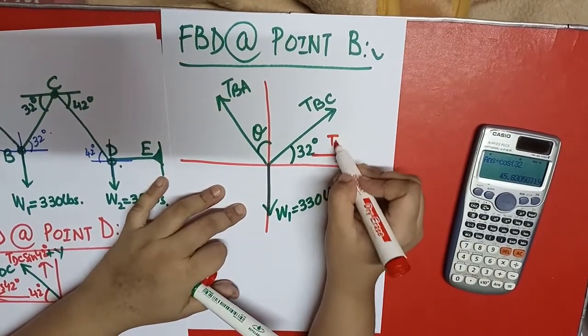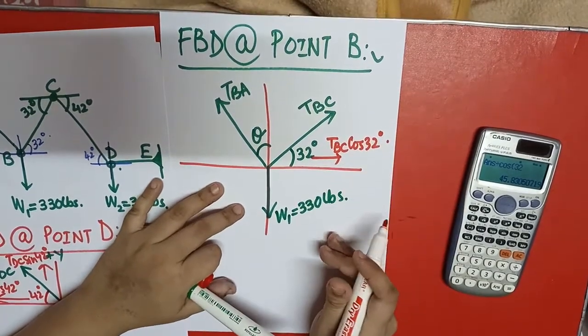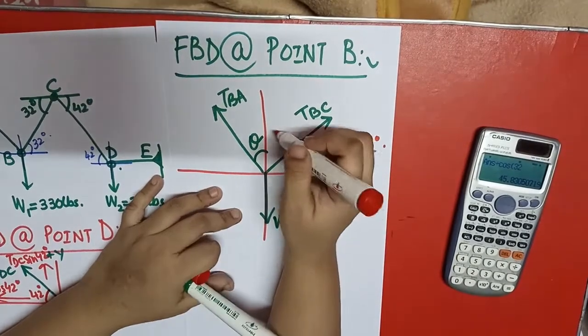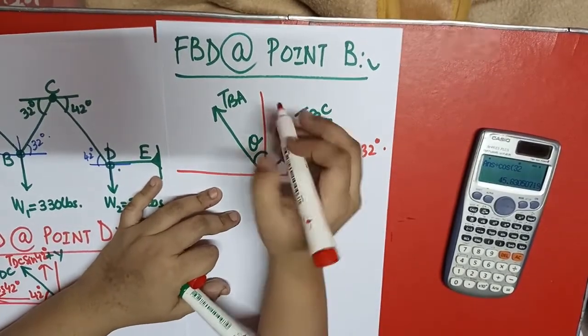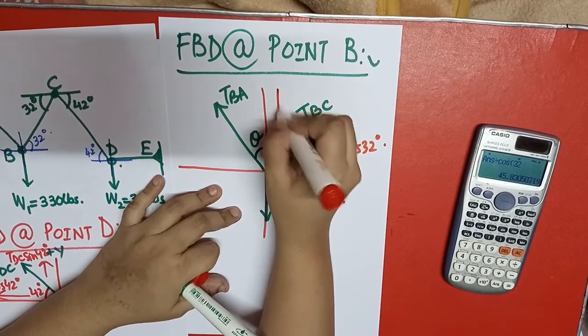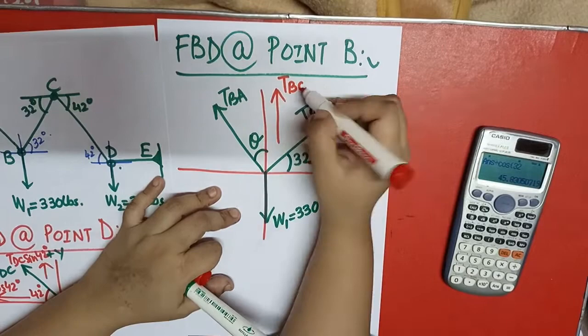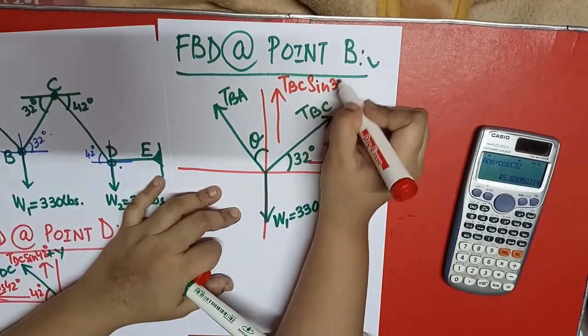So TBC cos of 32 degrees, and here will be what? Here will be TBC sine of 32 degrees.